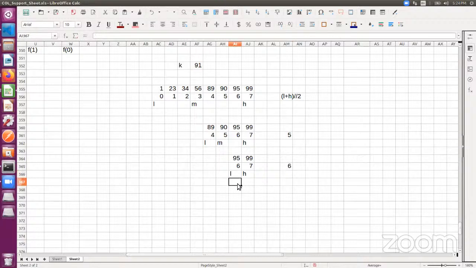Now the mid element is also 6. If I compare this 95 with 91, it is not equal. I check whether the key is greater than the mid element. No, it is not greater, so it is less than the mid element. So I'll consider the left hand side of 95. Since there are no elements in the left hand side of 95, we can tell that the element is not found.